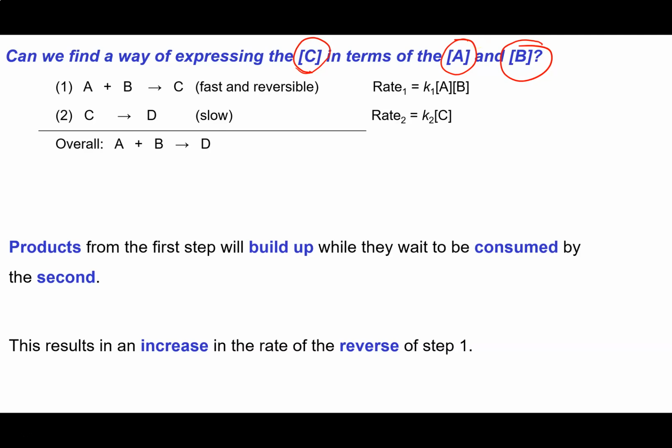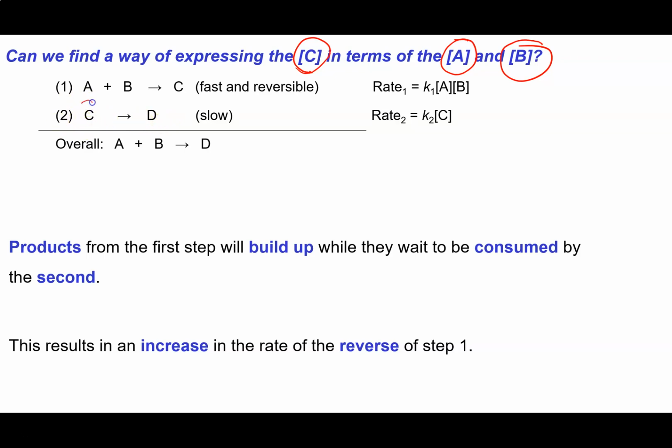So we have to think about what happens as this reaction progresses. A and B react to form C, and that's going to be quick. So the concentration of C will build up quite quickly. The C that we make in step 1 will be consumed quite slowly in step 2.